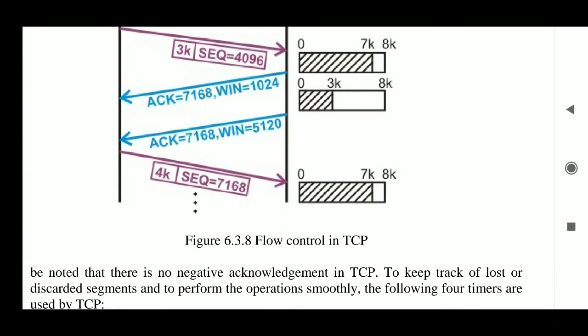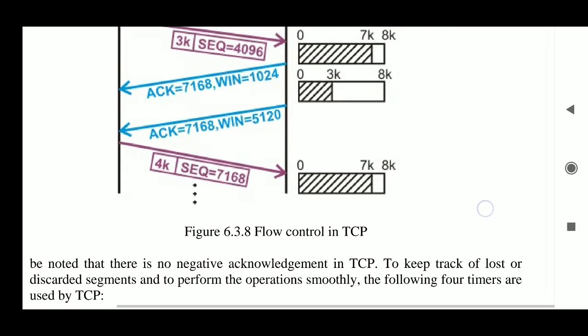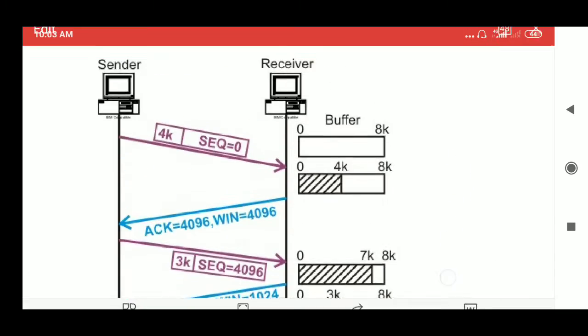So now the next 7k byte sequence number can be sent. So this is the complete procedure of flow control in TCP.